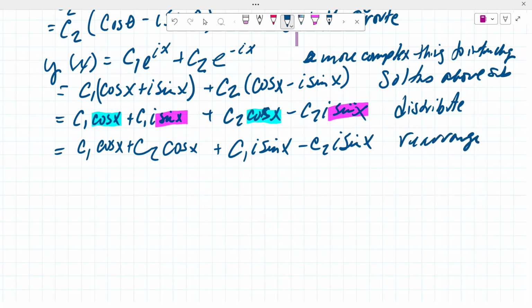All right, now since we have the cosines all together and the sines all together, we can factor out.